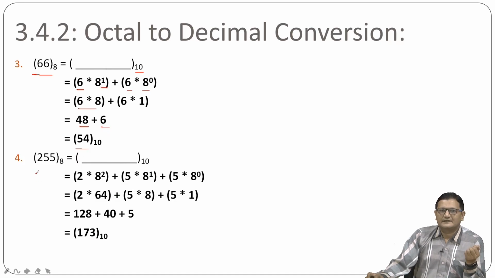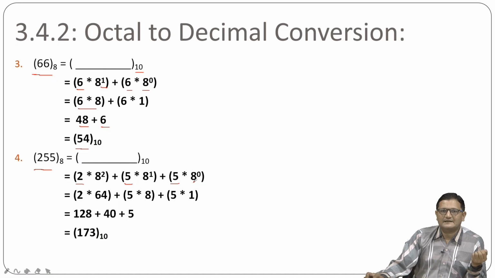Suppose a 3-digit number 255 is given to you, and we need to convert this octal number into decimal form. First of all, you write down all the digits: the first digit is 2, the second digit is 5, and the third digit is again 5. So, 255. Now you start from the last digit.